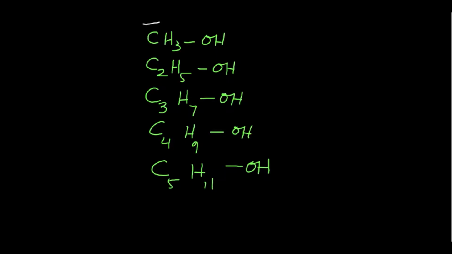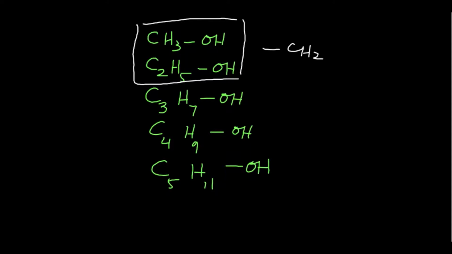Now students, we will take the difference of adjacent members and we will see what the difference is here. If we take the difference of the first 2 members, C2H5OH minus CH3OH, we get a CH2 group. Similarly, the difference of C2H5OH and C3H7OH, again we get a CH2 group.